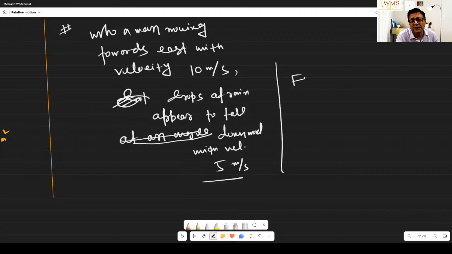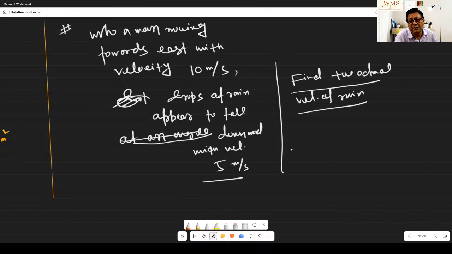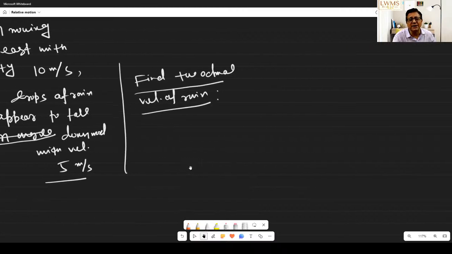Find the actual velocity of rain. You have to find the actual velocity of rain. This is different from the previous one. Man moving towards east with velocity 10 meter per second, drops of rain appear to fall downward with velocity 5 meter per second.